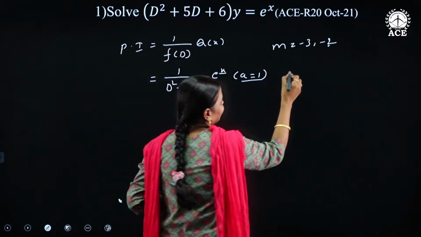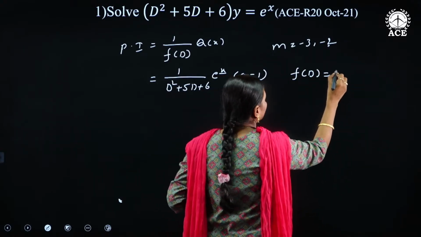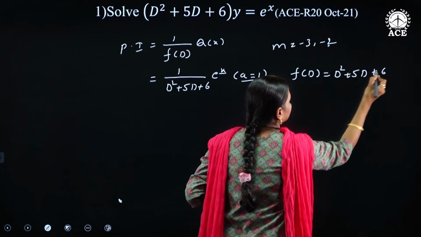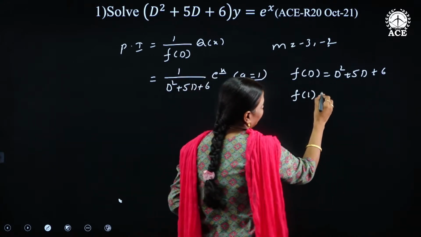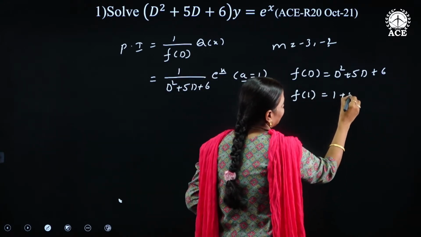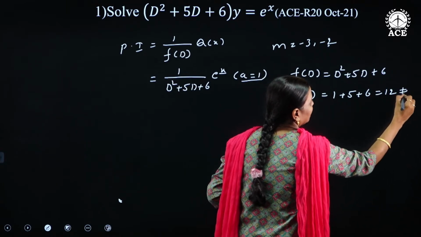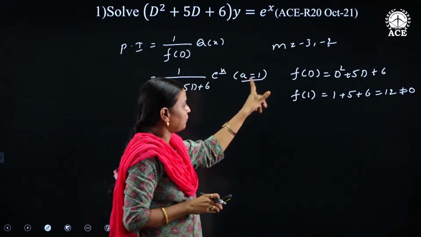See here, what is f of D? F of D is equal to D square plus 5D plus 6. Check that. Replace D by 1. F of 1 is equal to 1 plus 5 plus 6, which is 12, not equal to 0. No need to check the condition if we know this key point.